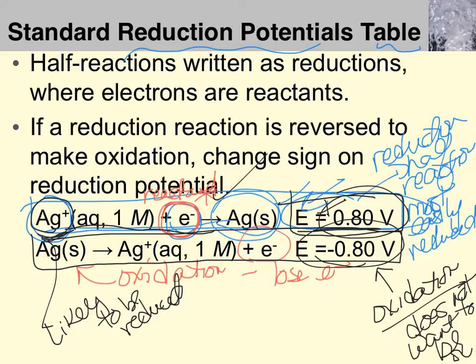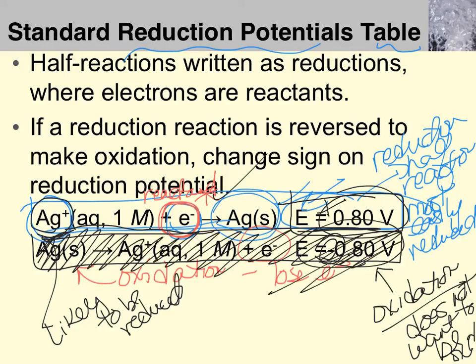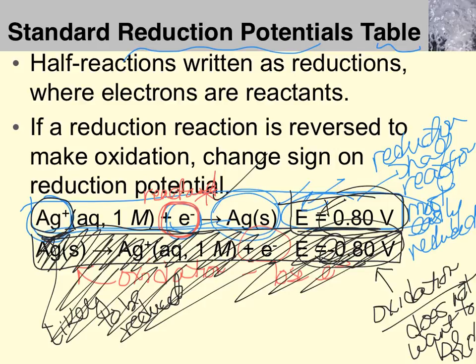If you have a negative value, that implies that it is not a spontaneous process, okay? So we can get rid of this. This is not what silver wants to do. There's not a driving force. It's not spontaneous. And this top one is what silver wants to do. It wants to get reduced.